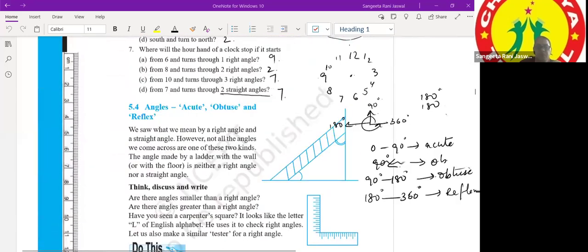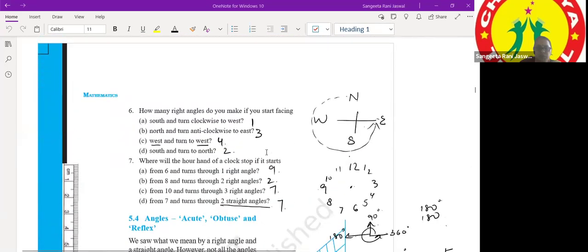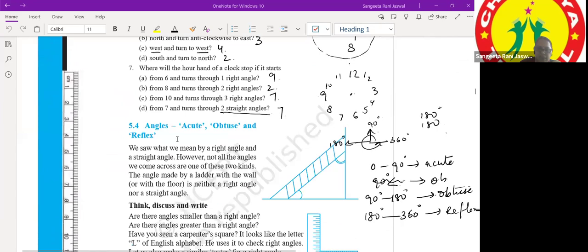I'm sharing the screen. We had done this much part. The next topic is angles: acute, obtuse, and reflex angles. You all know what an acute angle is and what an obtuse angle is.